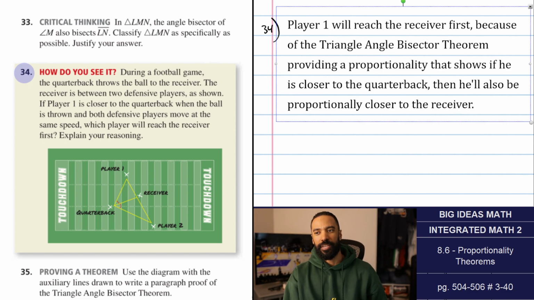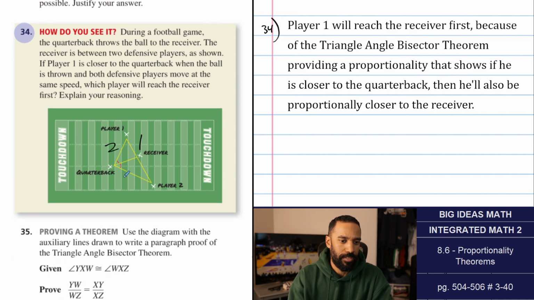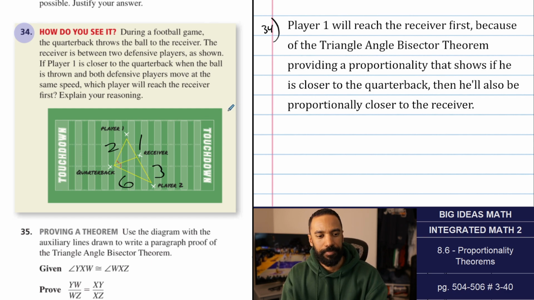Hopefully that makes sense. Basically, it's working the theorem in play here. If this is like 2 to 1 and this is like 6 to 3, something like that. It's that kind of idea that's in play.